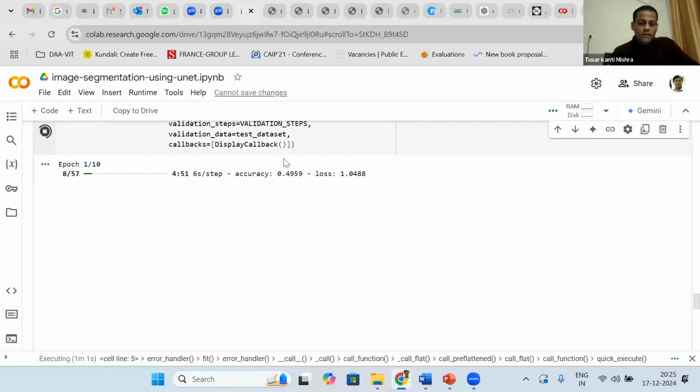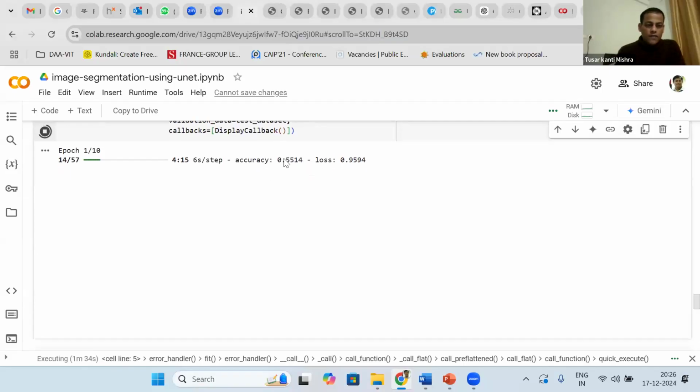Yes, 49. Until convergence, the accuracy will keep rising, and let us see how well it can do the task. For 52, yes, it is increasing. Let's wait for a little while.